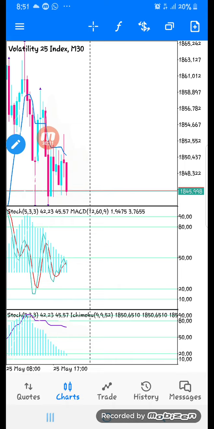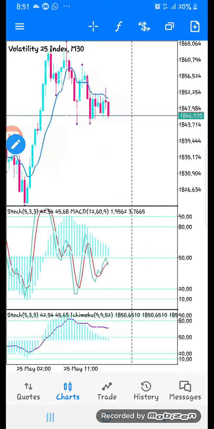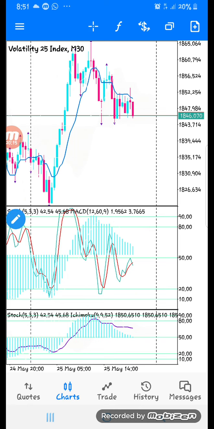If it is a buy entry, a buy position, you can hold your trade because the Ichimoku is on oversold here. As you entered your buy, you can hold it till the Ichimoku gets to overbought.